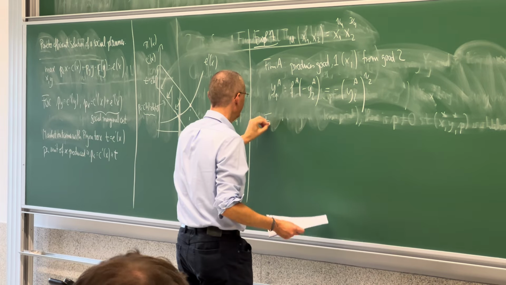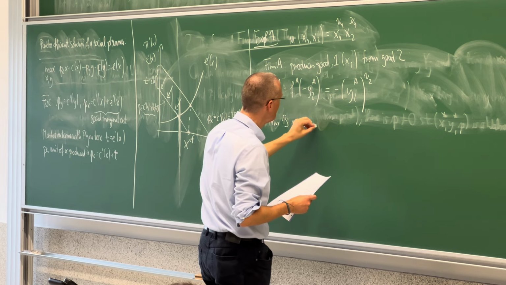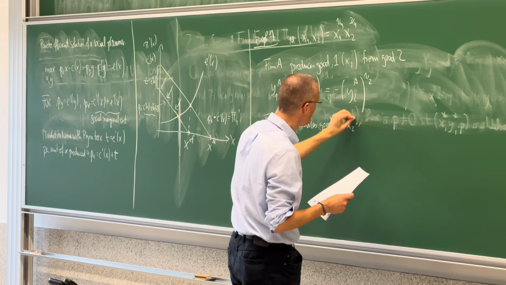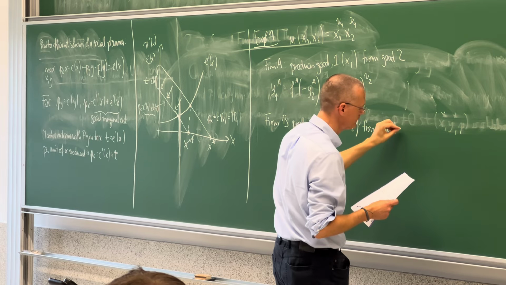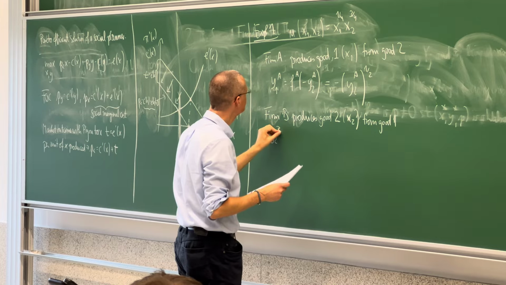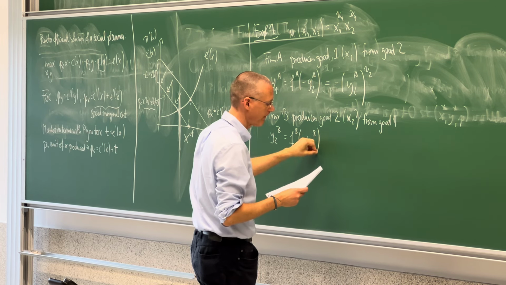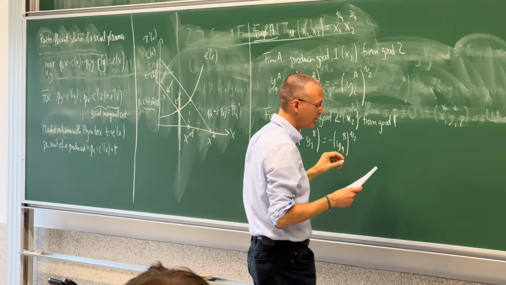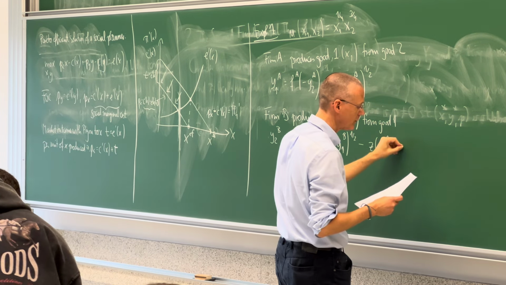And from B, and here's the externality. Firm B produces good 2 from good 1. We get y2b, and it is equal to minus the square root of y1b, times the sum of y1a plus x1.